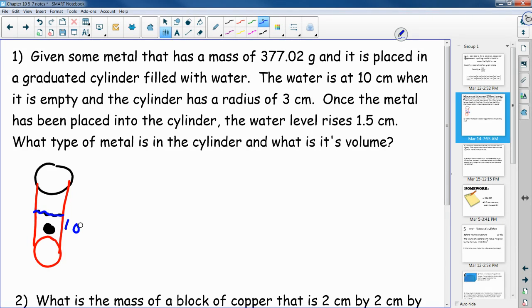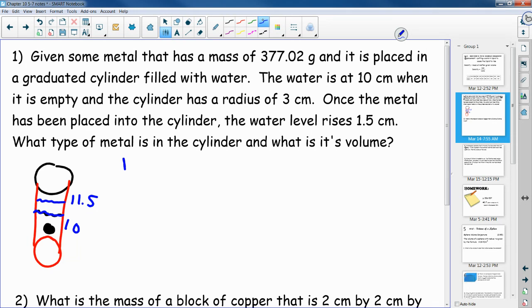Then we placed the object inside, and the water level was raised 1.5 centimeters. So our height is now going to be 11.5, right? Because it went up 1.5 centimeters. What does that help us with? Well, the water level that rose is going to be our volume.